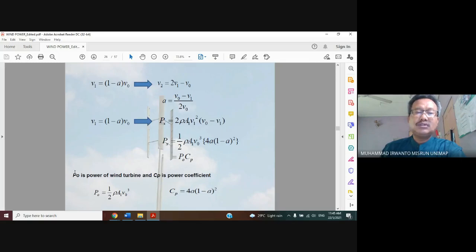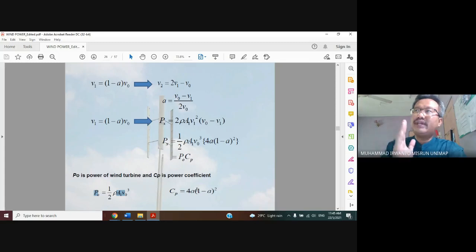Now, so P0 is the power of the turbine given by this one: 1 over 2 rho A1 V0 power 3, and the power coefficient Cp equal to 4A multiplied by (1 minus A) power 2. What is the meaning of this one?